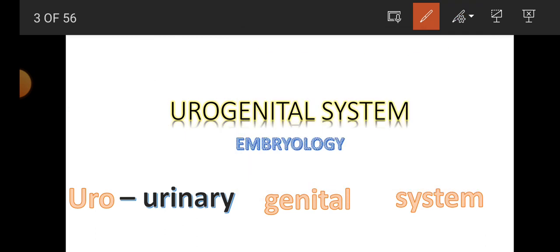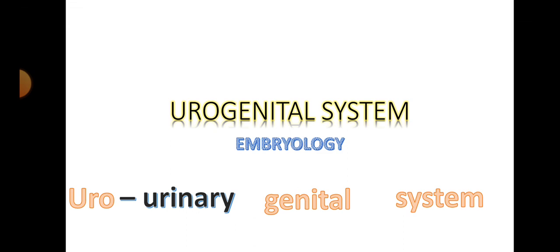Despite the common source of development, it is definitely worthwhile for us to consider the embryology of the urinary system separately and the genital system separately, to appreciate their individual anatomic role. Thus, this pushes us to form the learning objectives of this video, which is a two-part video, initially only about the urinary system.